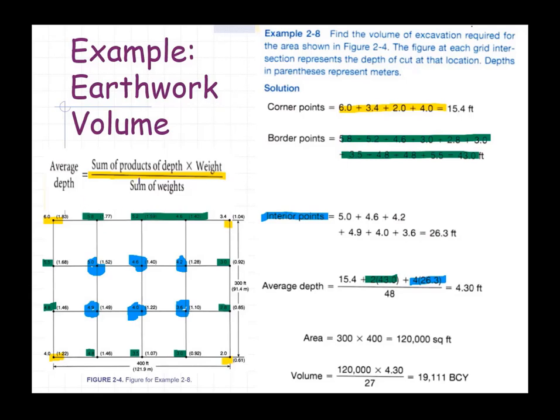This is divided then by the sum of all of the weighting factors, or the sum of the weights, right? And so here we get an average depth of 4.3 feet. Multiply the area by the average depth, and we get a computed volume for this large area.